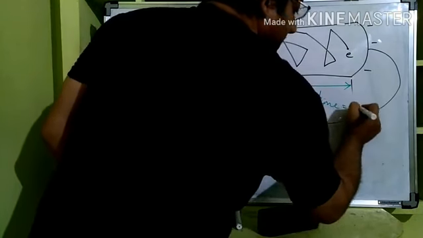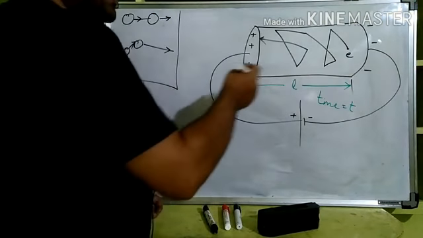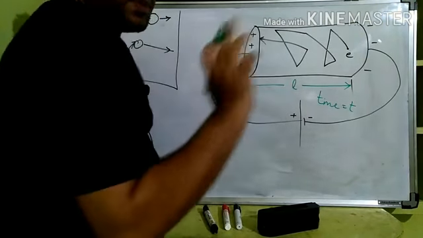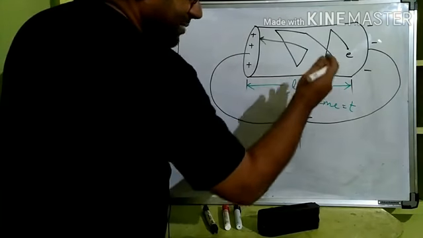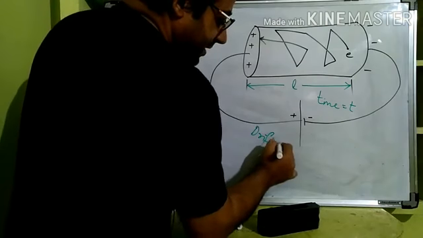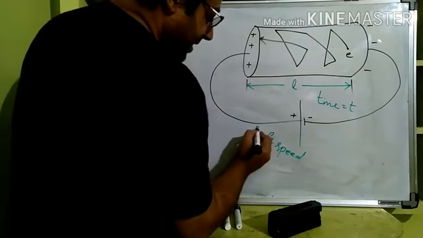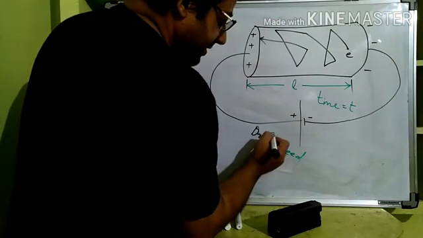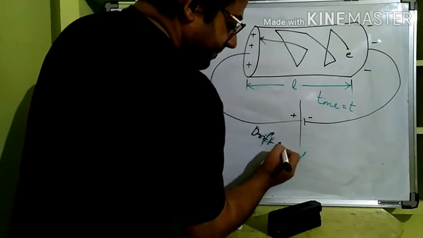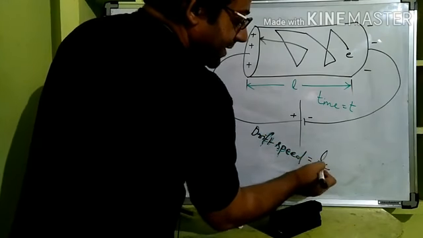Then what is the average speed? Distance travelled by time is speed, simple, you know. That is called drift speed, which is equal to L by t.